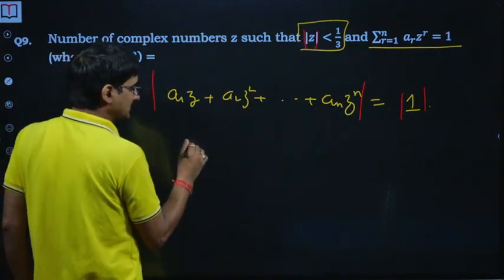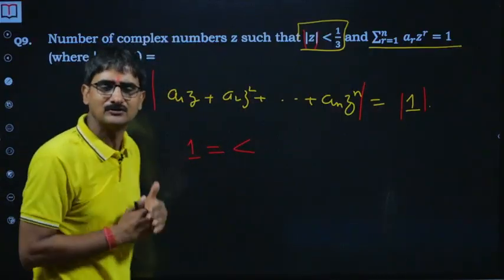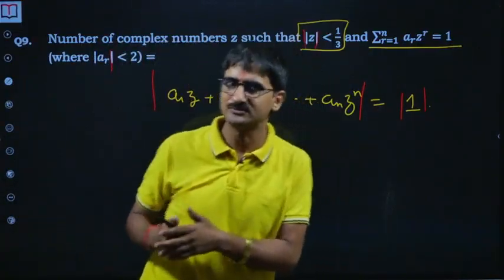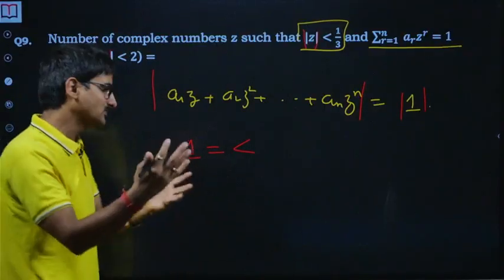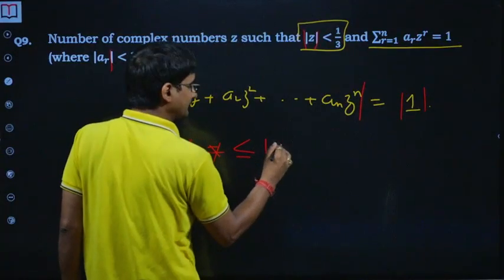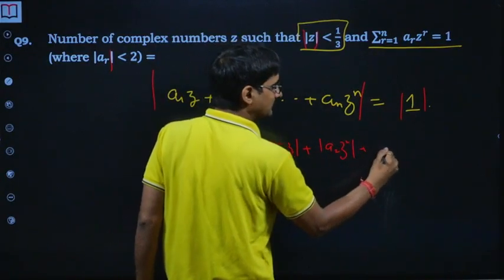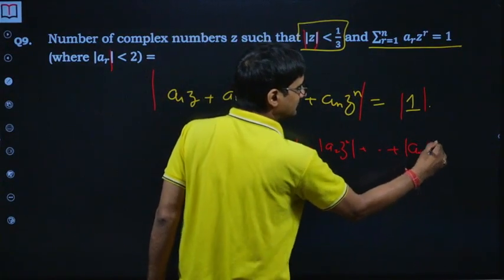So this is less than or equal to, because this is equal to 1, and we know mod of z1 plus z2 plus z3 is less than or equal to mod z1 plus mod z2 plus mod z3, and so on. So this is less than or equal to mod of a1 z plus mod of a2 z square plus dot dot dot plus mod of an z to the power n.